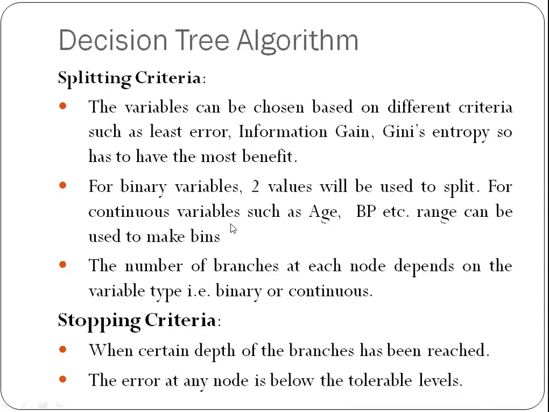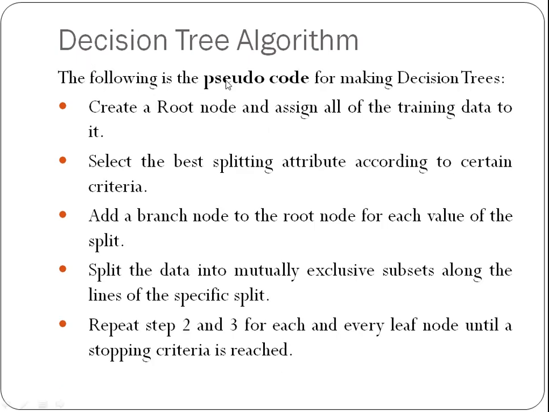Okay, this is the algorithm. The following is the pseudocode for making the decision tree. First, what you are going to do is create the root node. When we are creating the root node, we are going to assign all the training data, and we are going to use the least error method, and we will find out of the attributes which one is the best splitting attribute.